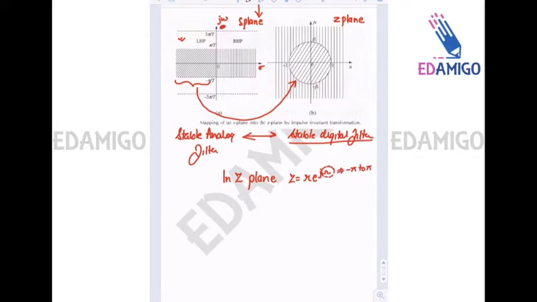We know that because the digital frequency axis is periodic with a period of 2 pi, so it is always between minus pi and pi only.